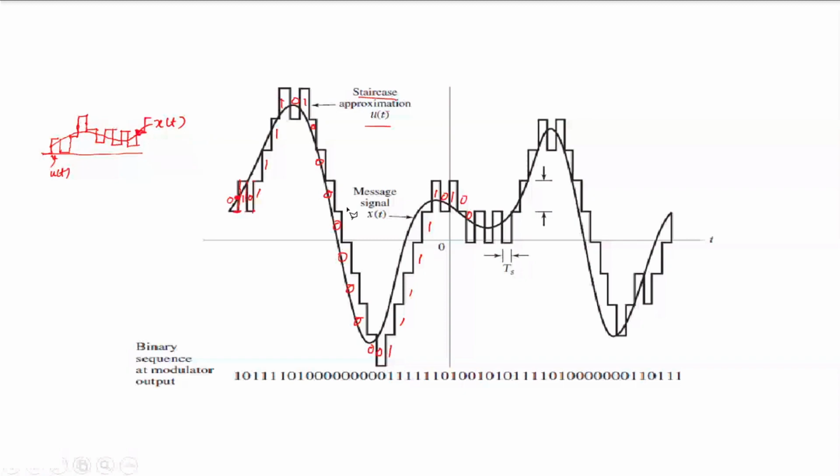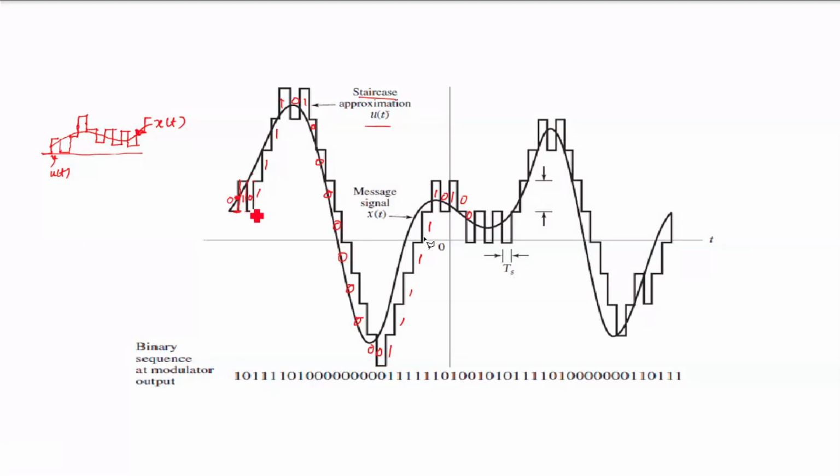So you can see if there is a continuous rise in the signal, the corresponding binary sequence is the same, right? Here 1 1 1 1 and so on. If there is a continuous fall like this, because it is an indication of a slope, increasing slope here, decreasing slope here. So if there is a continuous fall in the signal, you can see the code corresponding to the fall in the signal sample is 0.